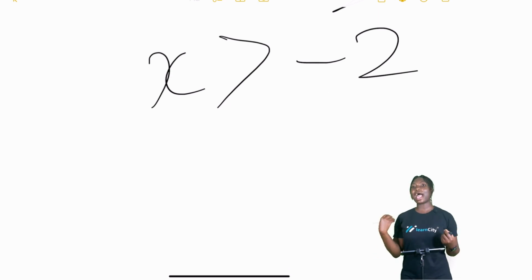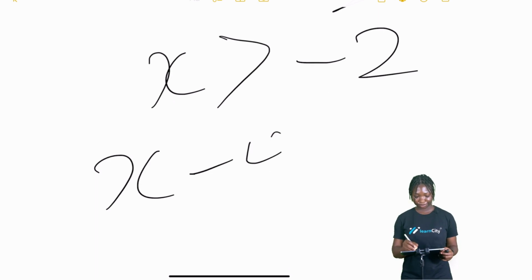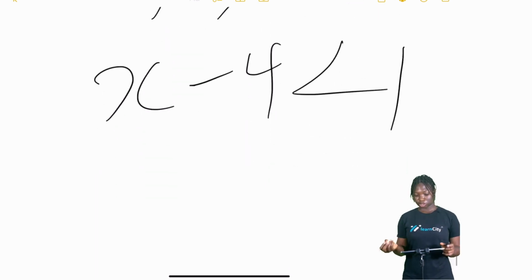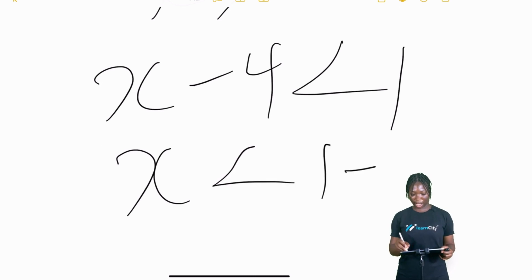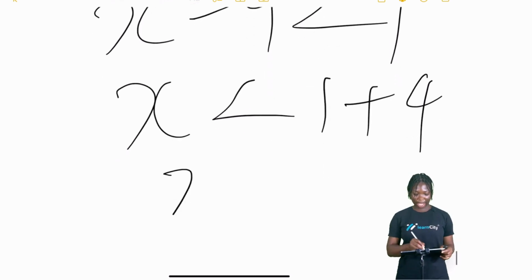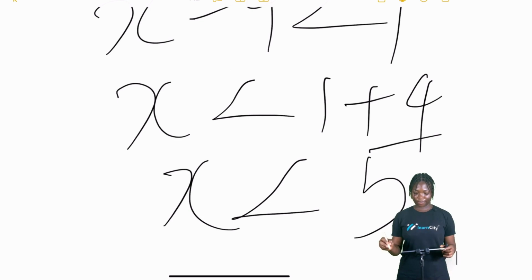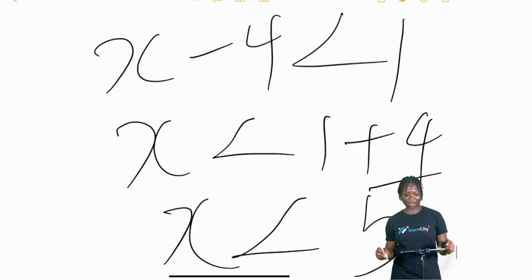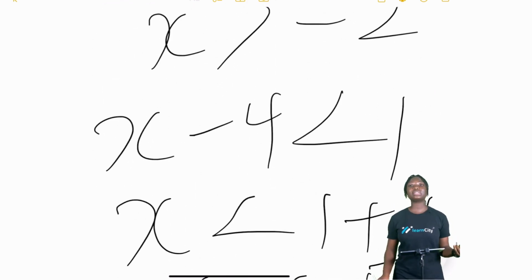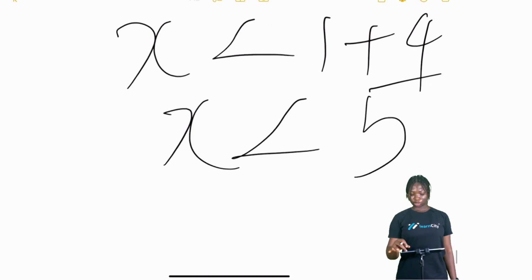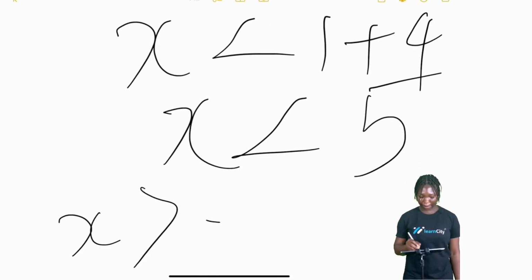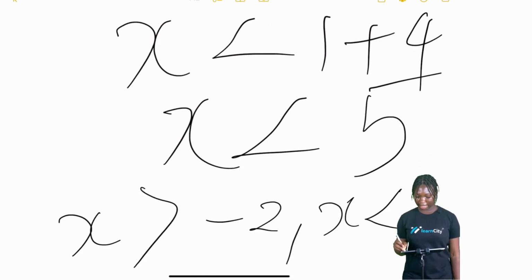And we have x minus 4 less than 1. When we bring 4 to the other side, we have x less than 1 plus 4, which is 5. So here we can easily write x less than 5 and x greater than -2. So we have x greater than -2 and x less than 5.